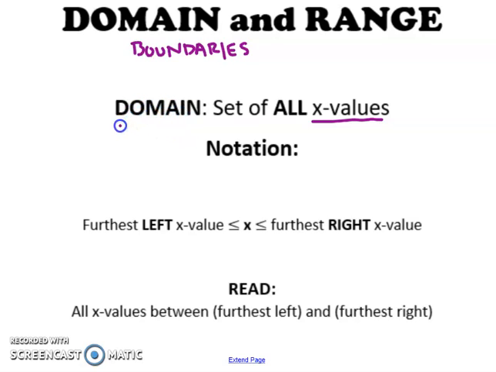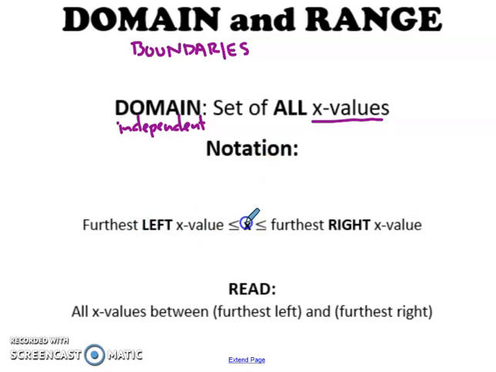Okay, I also want you to know, just a side note, domain is always about the independent quantity. So domain is our x values, which are independent. How we note this algebraically is usually x in the middle.